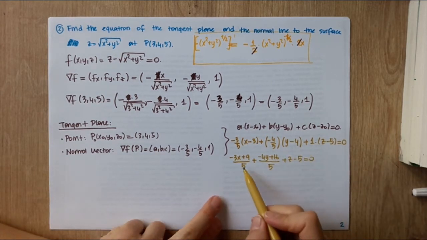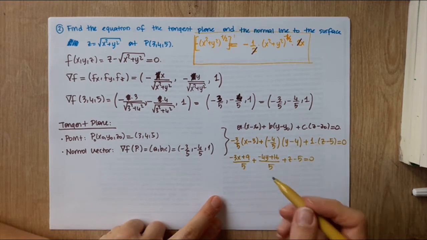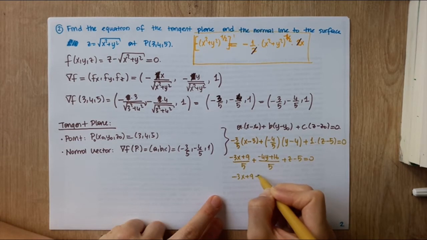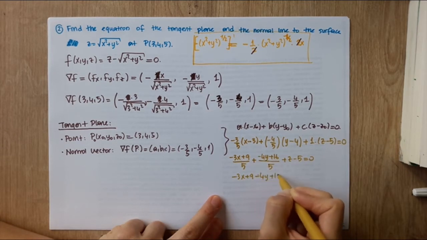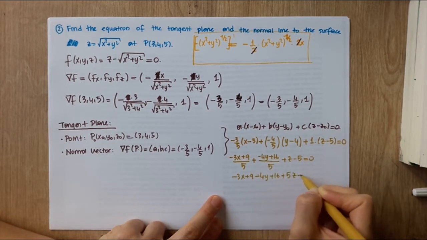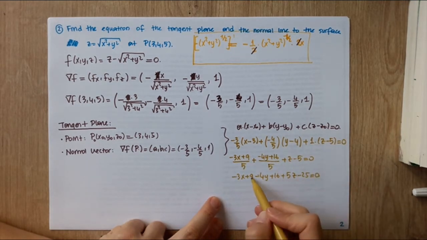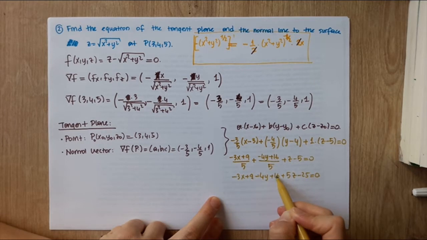You can leave it like that, or you can distribute the 5, and you will have minus 3x plus 9 minus 4y plus 16 plus 5z minus 25 equals 0. So you have 9 plus 16, which is 25. 25 minus 25 is 0.